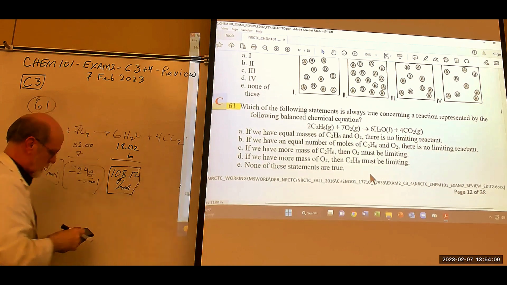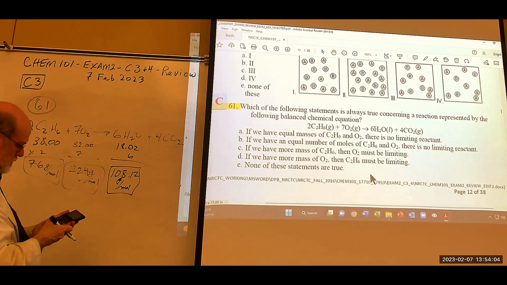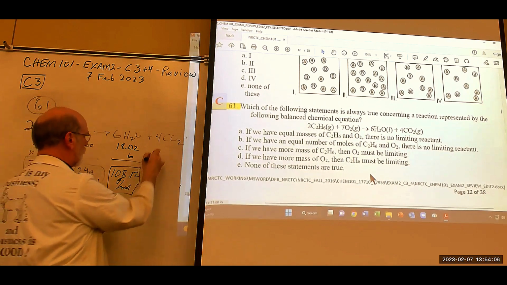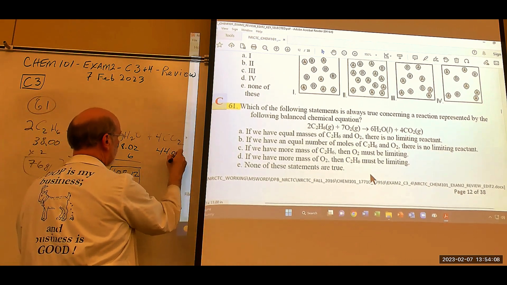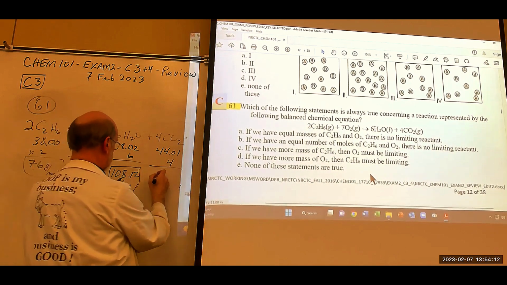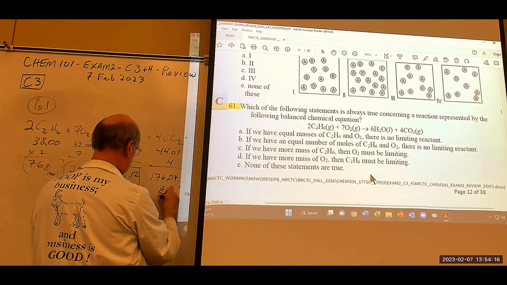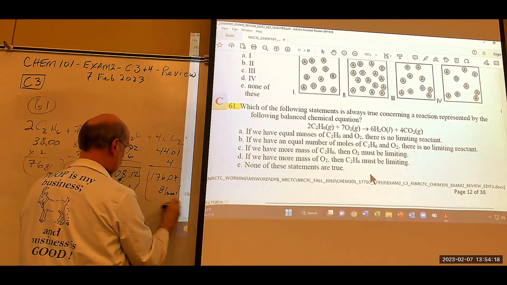And carbon dioxide is 12.01 plus 32, 44.01 times 4. So it's 176.04 grams per mole. All right.